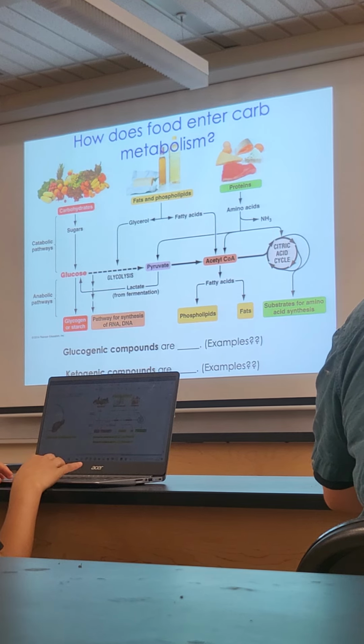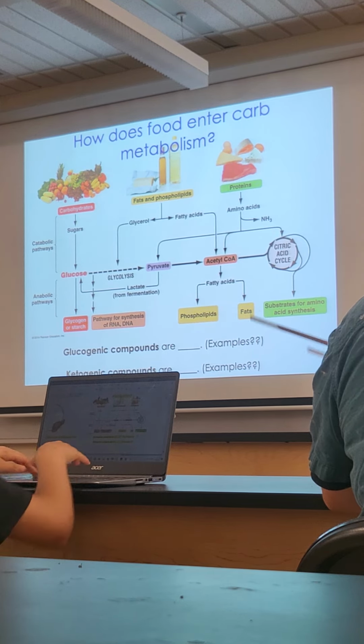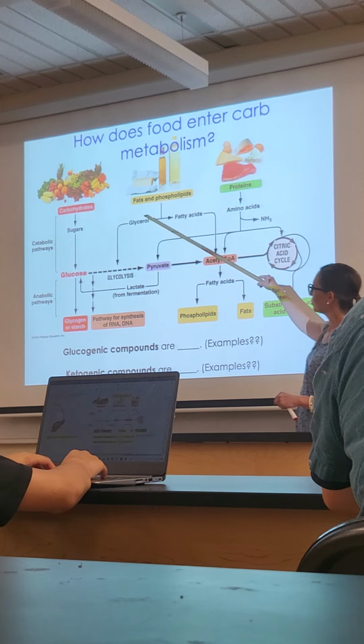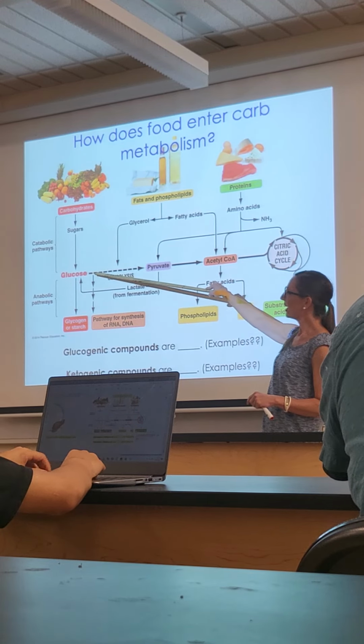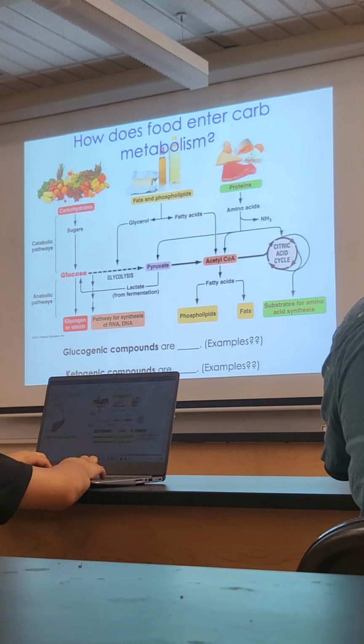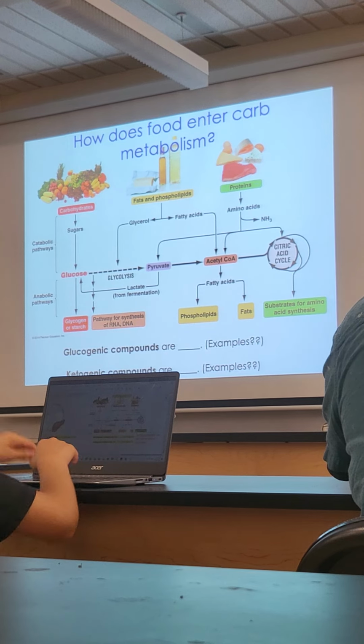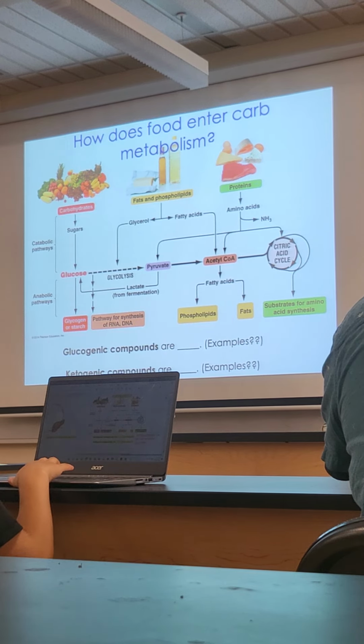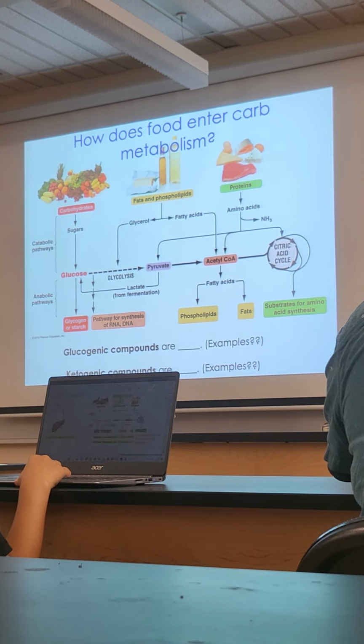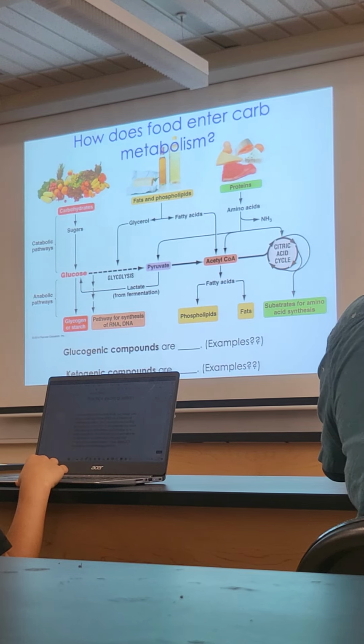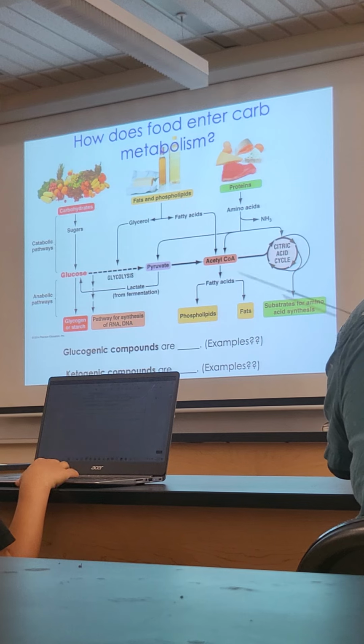If they are glucogenic, they are compounds that can be converted into pyruvate, or they enter in through the glycolysis pathway. So the definition I wrote down for glucogenic is compounds that can be converted to glucose or somewhere along the glycolysis pathway. They enter in through here.